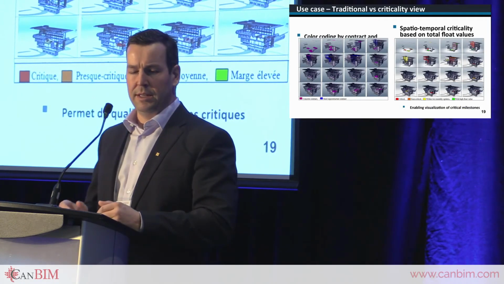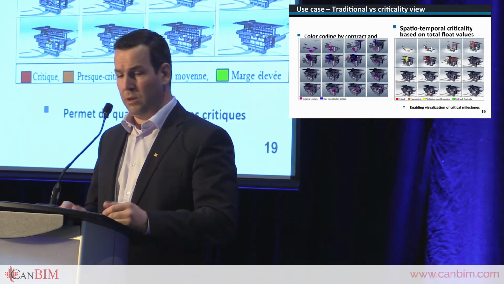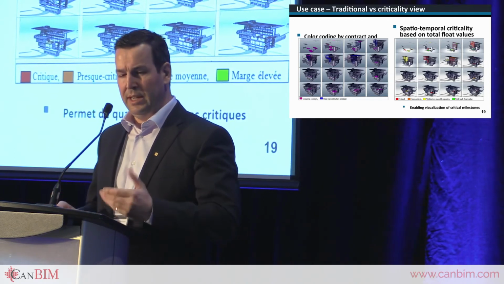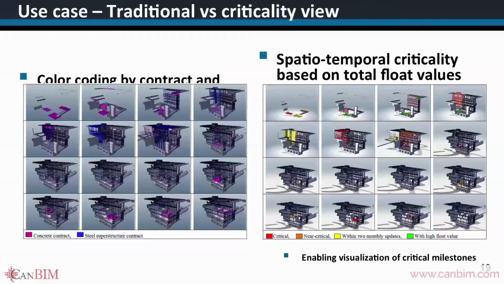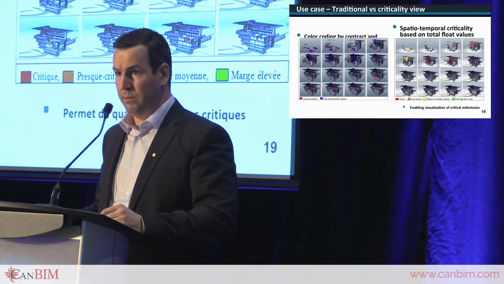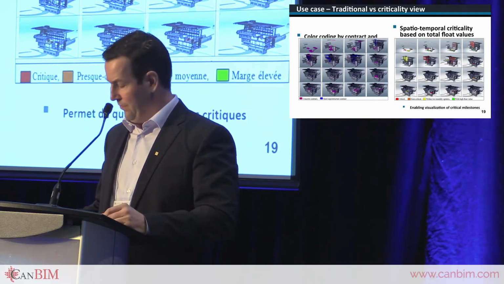Here you see on the left the color code by contract and trade, and on the right, it's the same project, and here you see the criticality in space and time. So in red, you see the more critical areas according to the chart and the values established. So it gives you a better idea of criticality, and it's extremely useful.